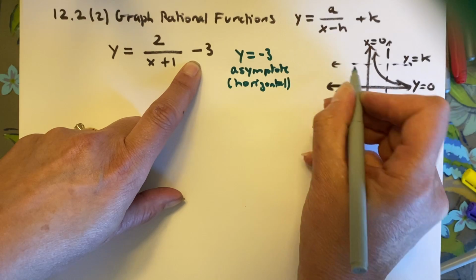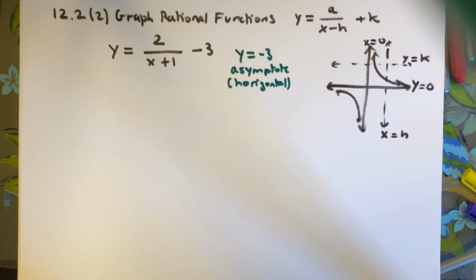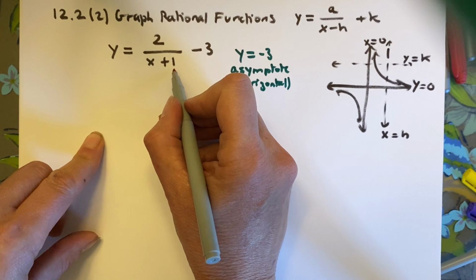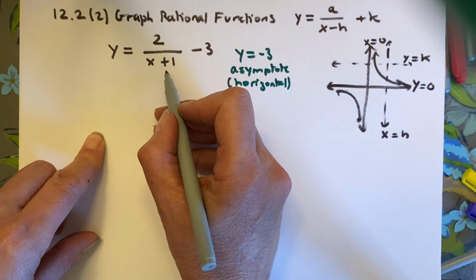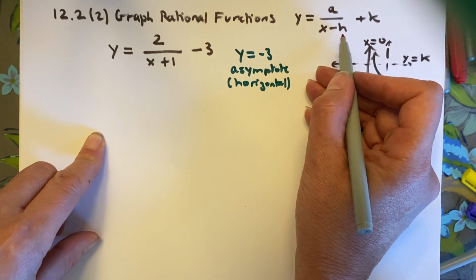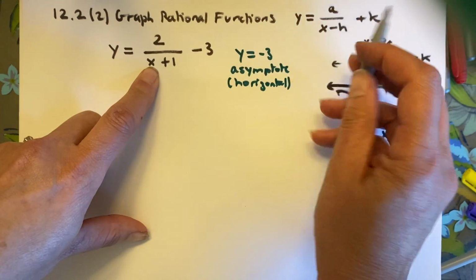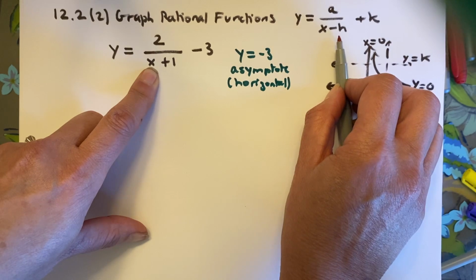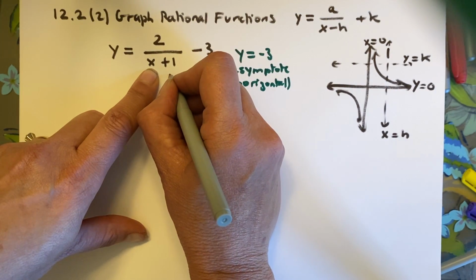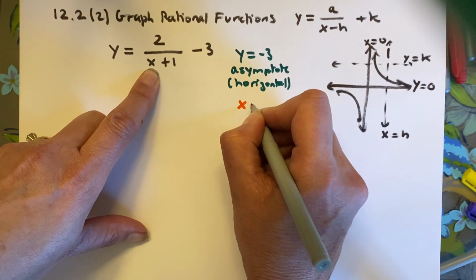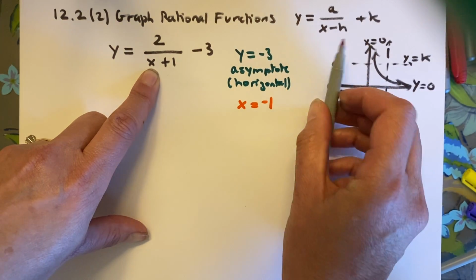And here we have the number 1. And so we can see this h value has to be negative 1. Remember that, because since the base equation is x minus h, to get x plus 1, this value has to be minus 1. That makes sense to everybody?